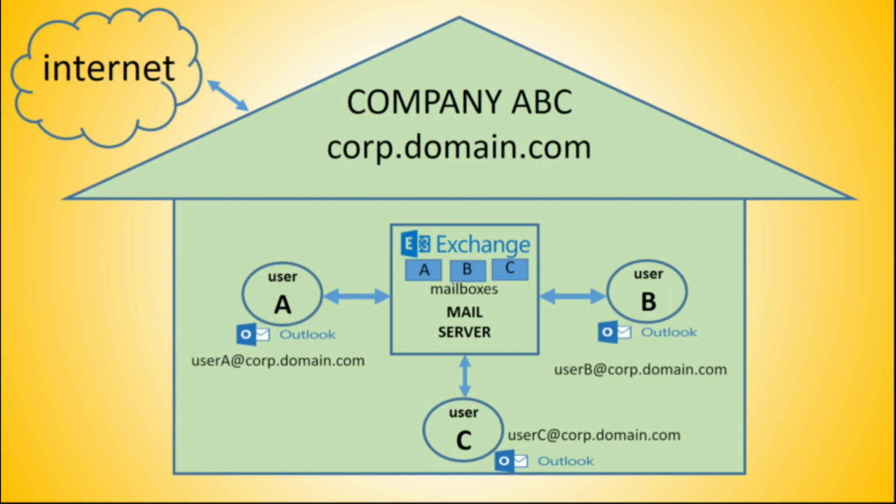If we redraw our diagram to match our earlier exercise scenario, we have user A, user B and user C, which reside in a domain called corpdomain.com. This corpdomain.com is a network domain.